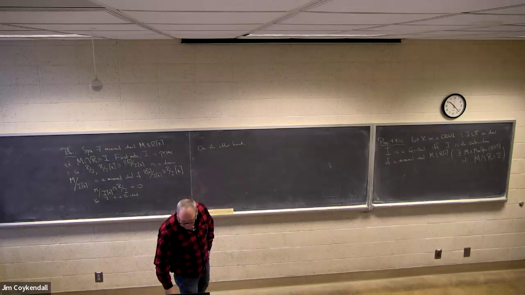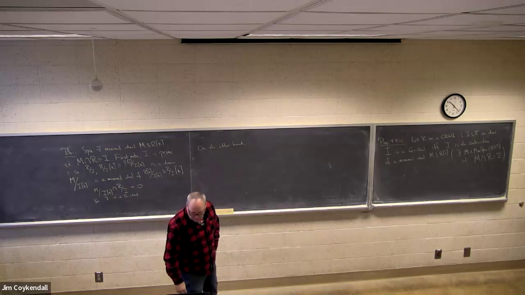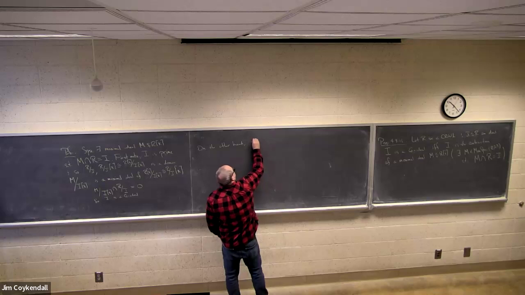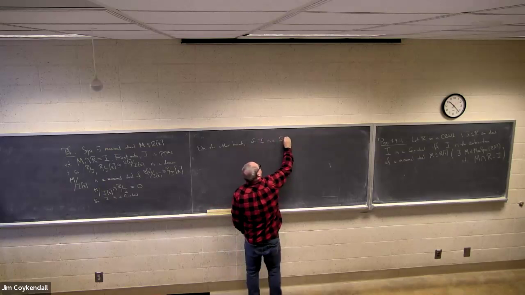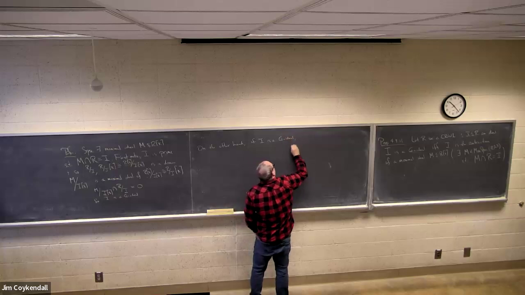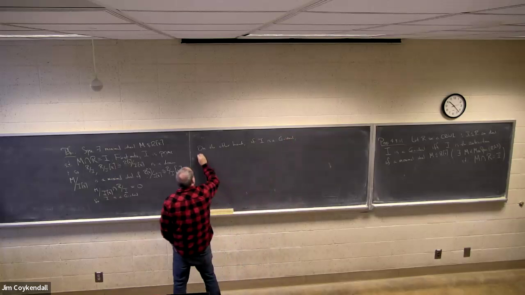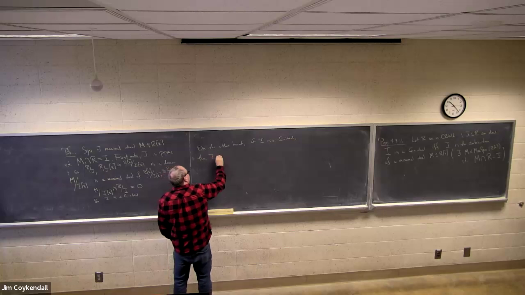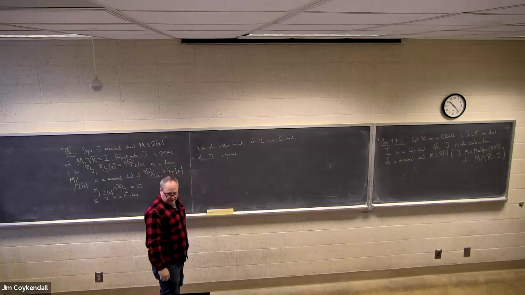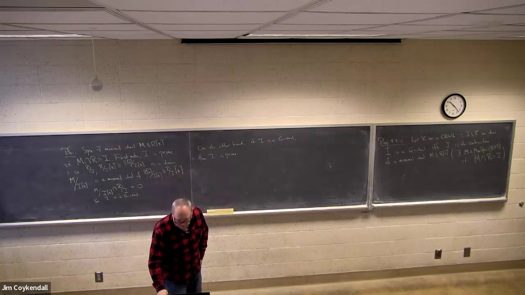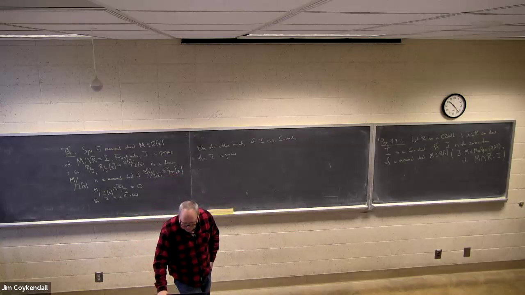Let us suppose that I is a G ideal. Then I is prime. This was, of course, contained in the very definition of G ideal. A G ideal has to be prime in the first place. And R mod I is a G domain.